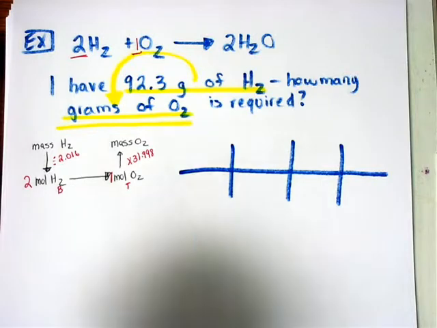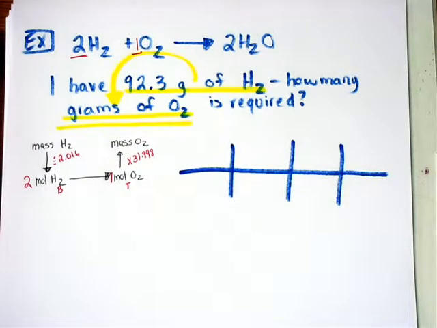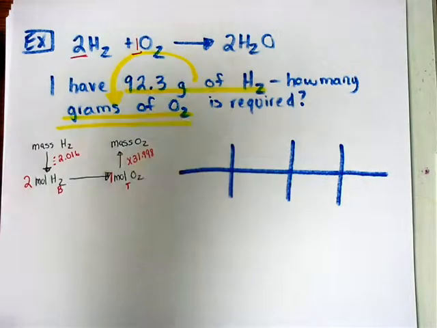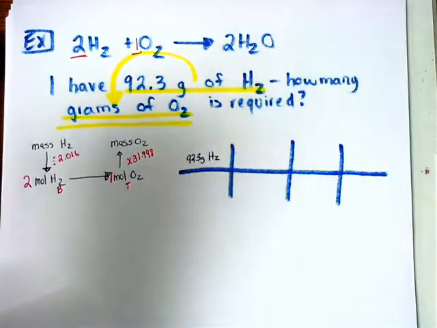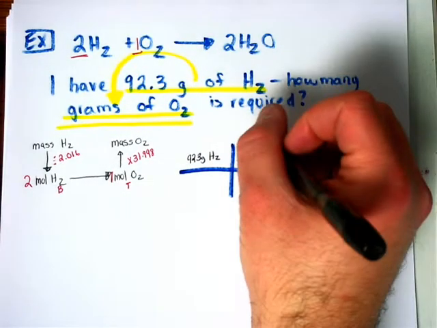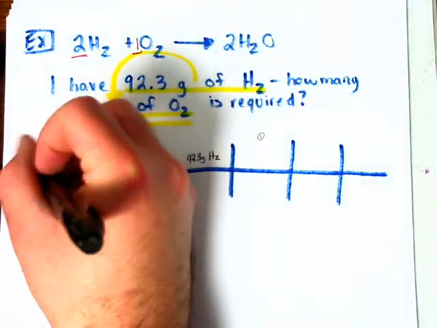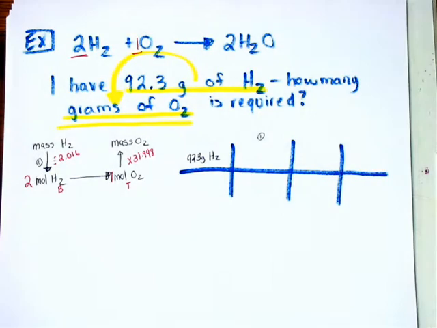Jason, what do I have to put in my top left box? How much? Perfect. Grams of H2. In that first step, because that's step 1, I'm going to divide by 2.016. So Brooke, would division go in the top or the bottom box? Bottom.